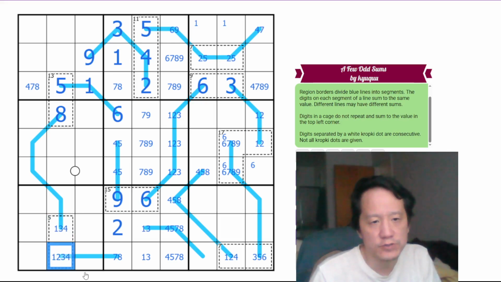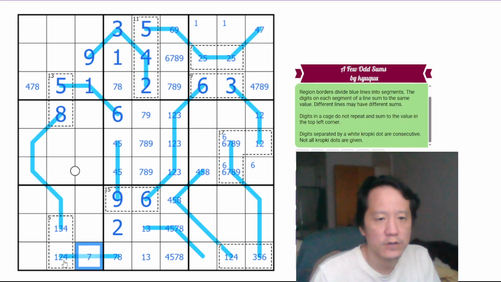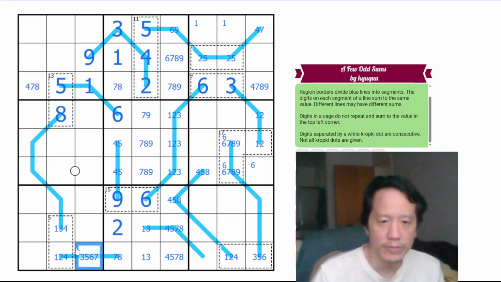Well, this can't be 2, so this can't be 3. If this adds up to 8, it's 1, 7, or 2, 6 here as a possibility. If this adds up to 7, it's 1, 6, 2, 5, or 4, and 3 here. But no matter what we have, we know one of these 2 digits must have a 1, 2, or 3.